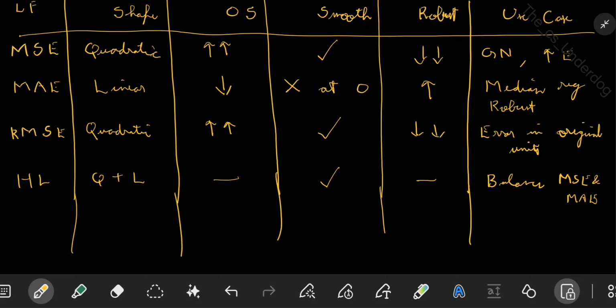After this, what had we seen? Instead of Huber loss, where you put one particular threshold and make it a piecewise function, you can go for log cosh loss. What is the speciality?